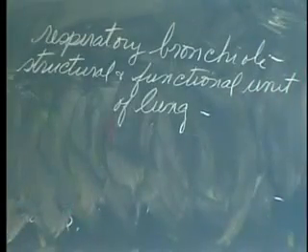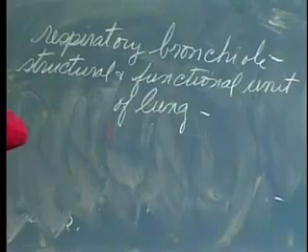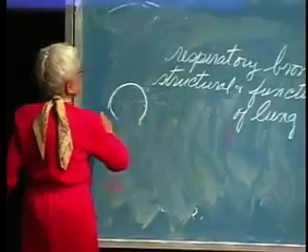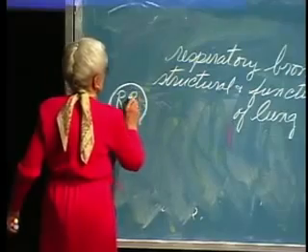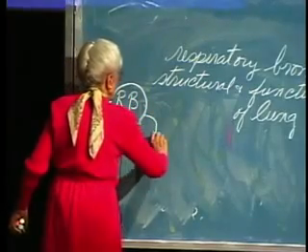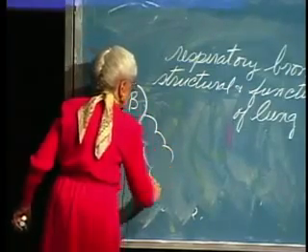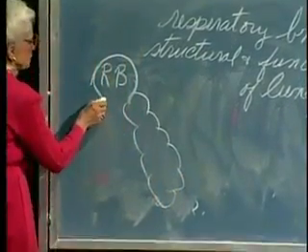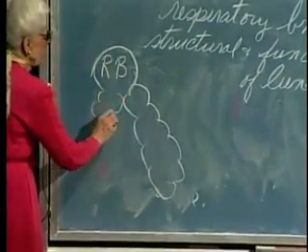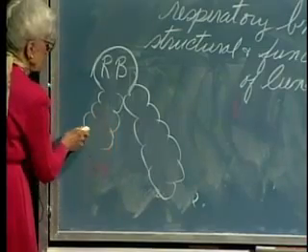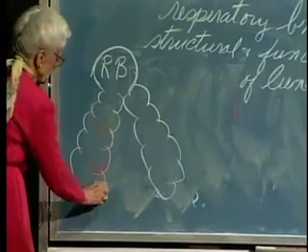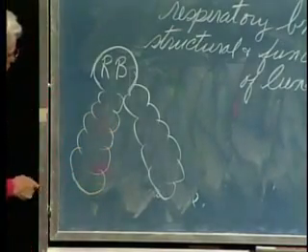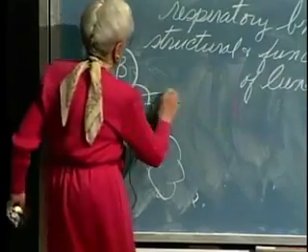So now, what have we got here? We've got our respiratory bronchiole coming down. We're going to take a cross-section of it. Respiratory bronchiole. And it's going to branch off into alveolar ducts. Do you ever think of every molecule of air you take in? It's got to go through all these passageways to get down and be functional. These are alveolar ducts.